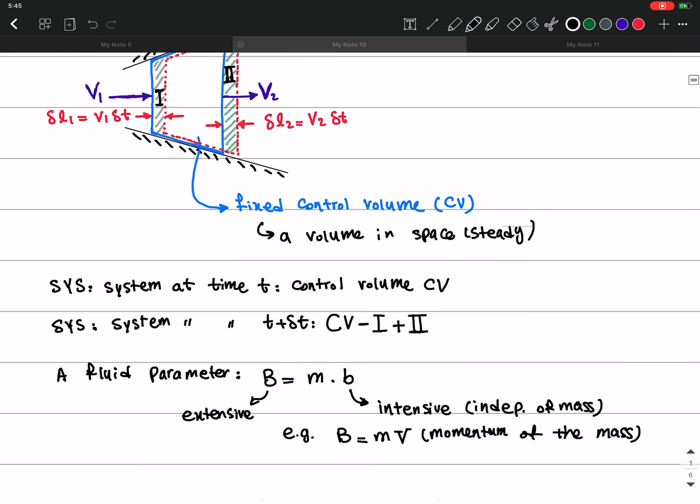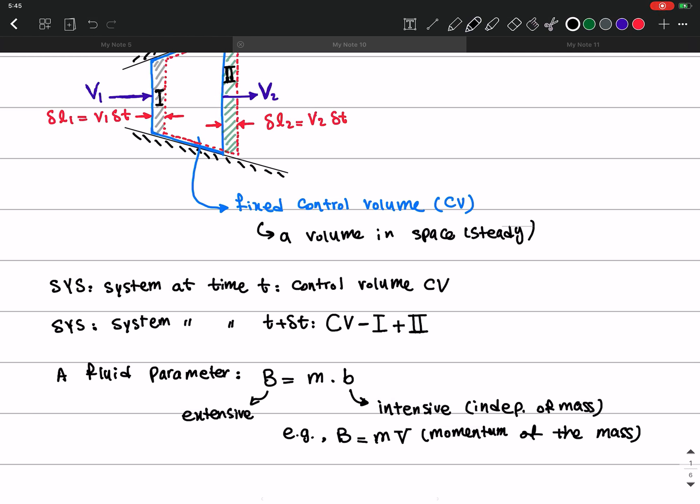So b, the intensive parameter, which is independent of mass, can be anything, for example velocity. So if you put velocity, capital B is going to be the momentum of mass, capital B is an extensive parameter, and V is an intensive parameter, okay?